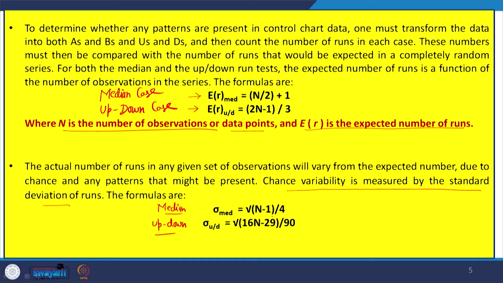In this case it is under root, for better clarity let me write like that, and for this it is like (16n minus 29) divided by 90. So, these are the formulas for determining the standard deviation of runs for the median and up and down cases respectively.